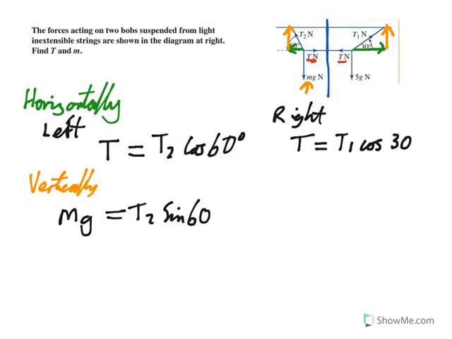Okay, and the right hand one, we've got 5g Newton down, and up we've got T1 sine 30 degrees.